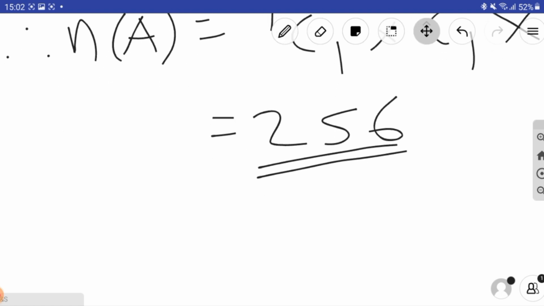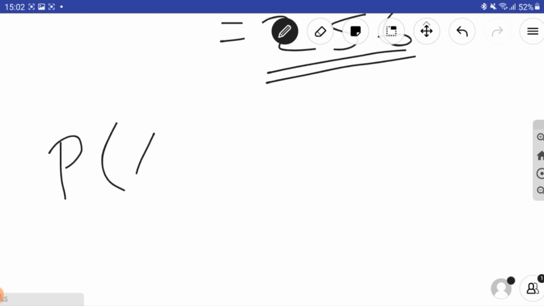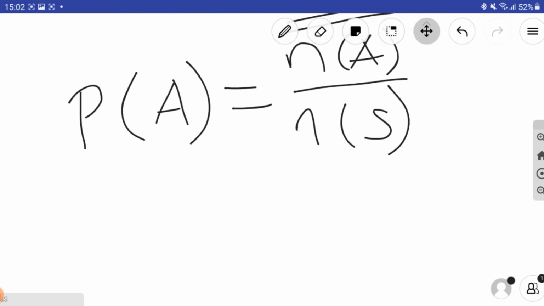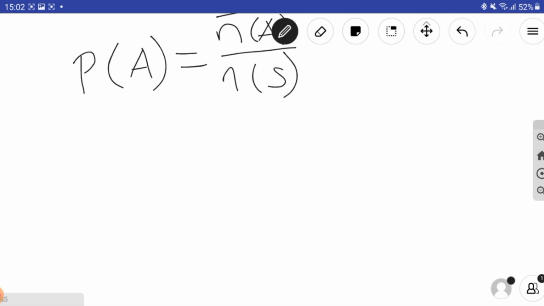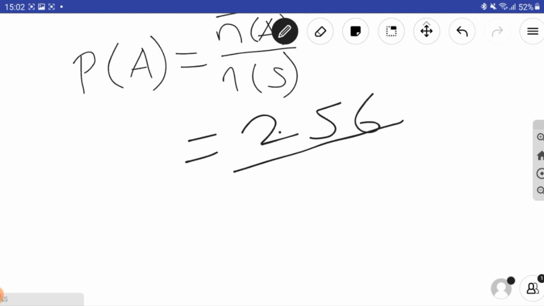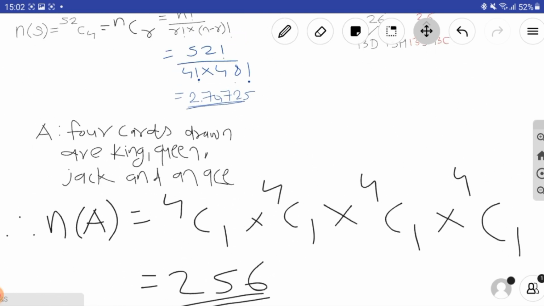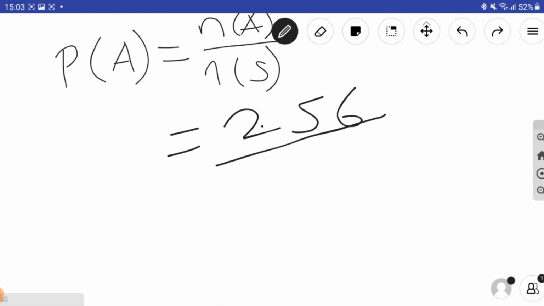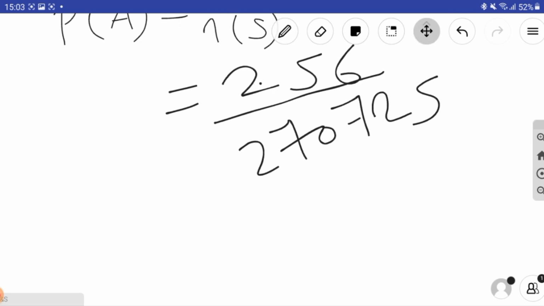Now we have to calculate probability of A, that is P of A. It is equal to n of A upon n of S. Our n of A is 256 and our n of S is 270725.